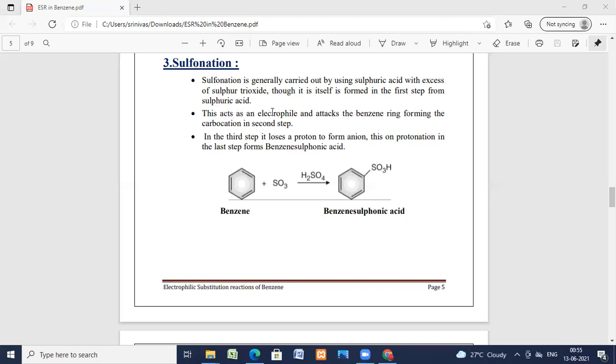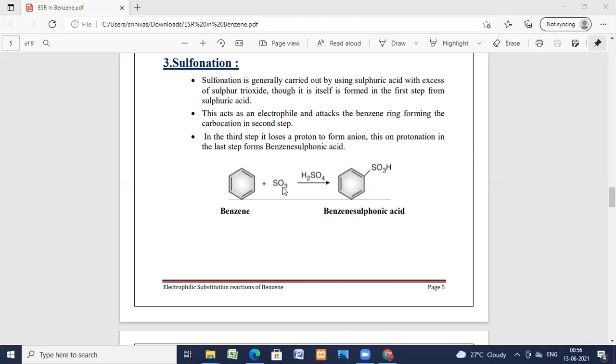The sulfur trioxide acts as the electrophile. It attacks the benzene ring and forms a carbocation in the second step. In the third step, it loses a proton to form an anion, and in the last step, substitution forms benzene sulfonic acid.